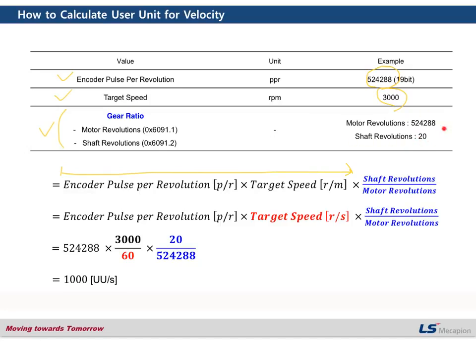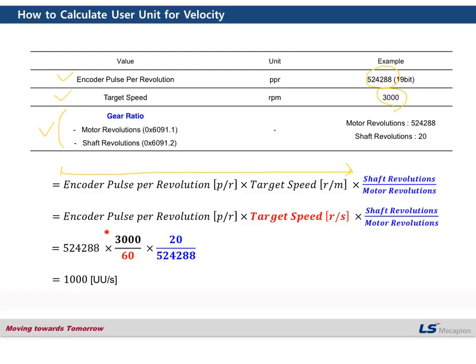This value is just an example, so you can set any values depending on your system preference. Let's input these values in this formula.